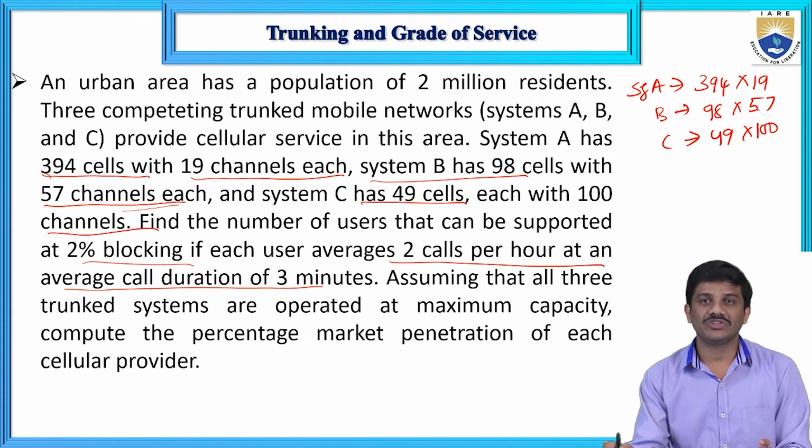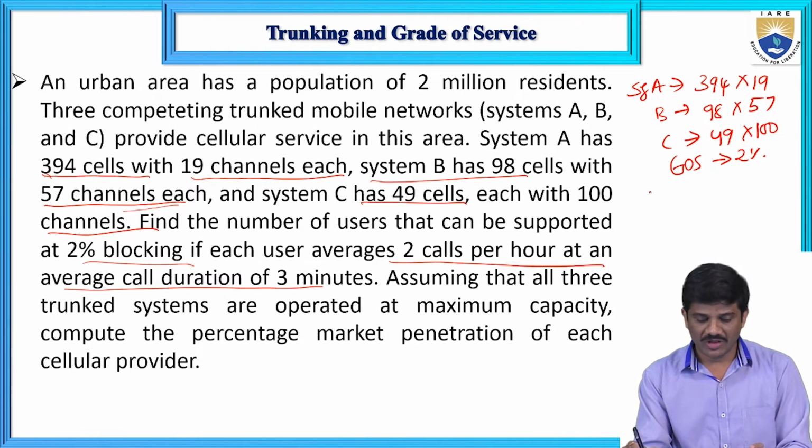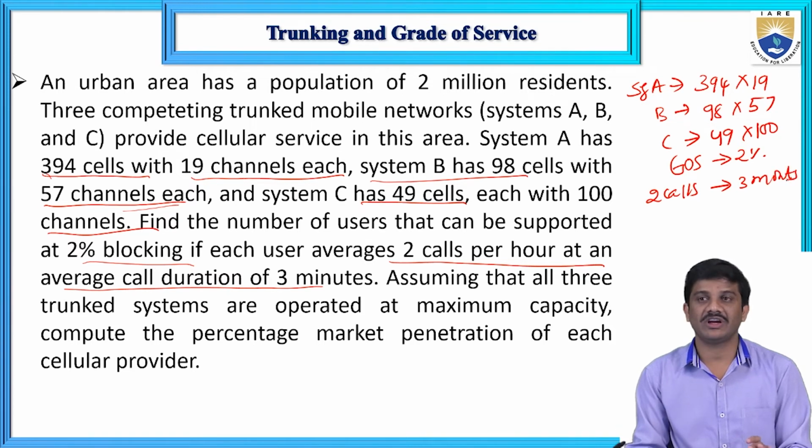And they are also giving the blocking probability, GOS, as 2%. And also the average duration: 2 calls per hour and 3 minutes. We can find this one also.